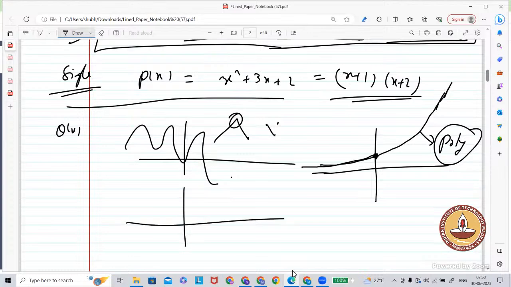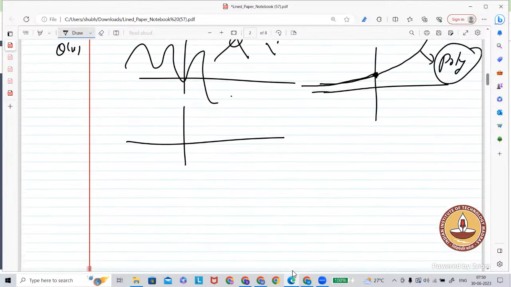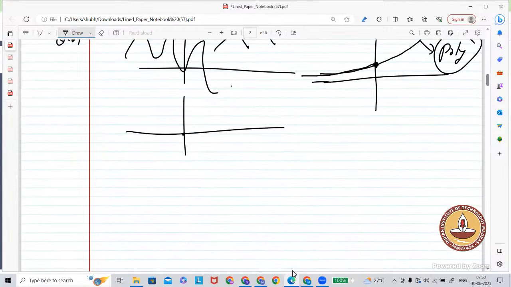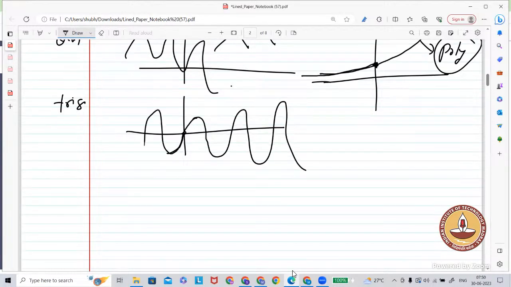If you see the graph of the sine function, a trigonometric function, it is like this. Even in that you will not see a sharp corner, but it is again not a polynomial. While looking, you cannot say it represents a polynomial.